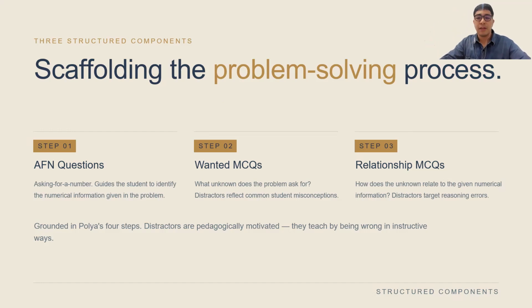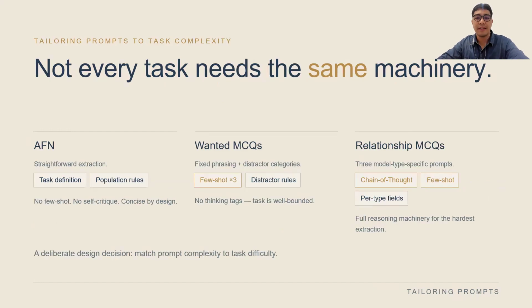On top of this, we need to generate distractors based on common student misconceptions. And for the last one, we have the model structure and relationship MCQs, which walk them through how the unknown quantity being asked is connected to the given numerical information. The whole point is to make students think alongside the AI rather than passively consume its outputs.